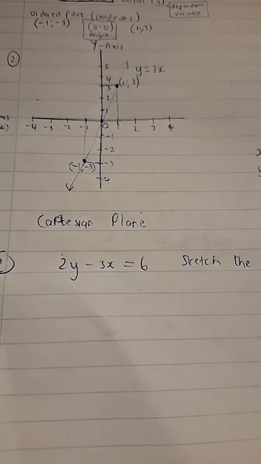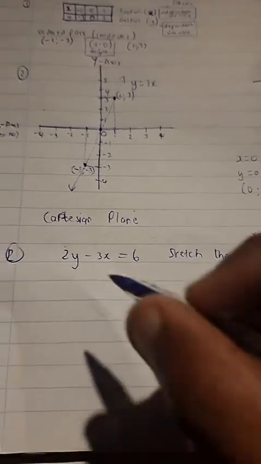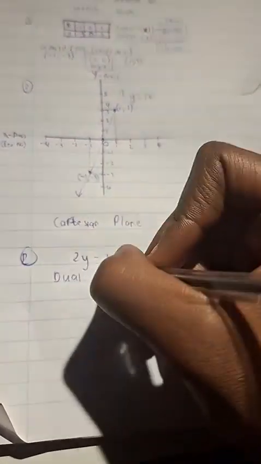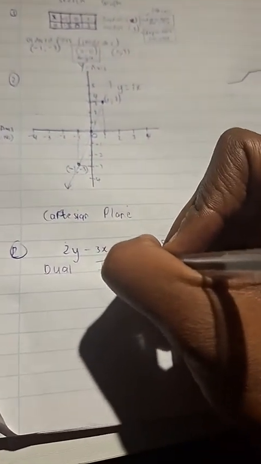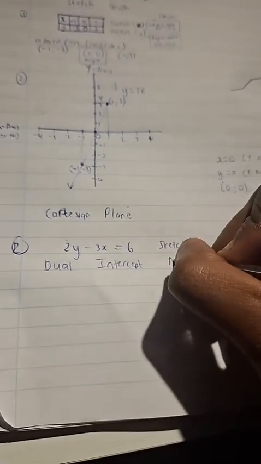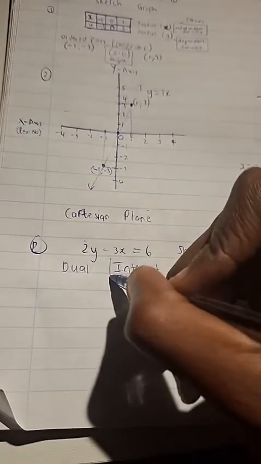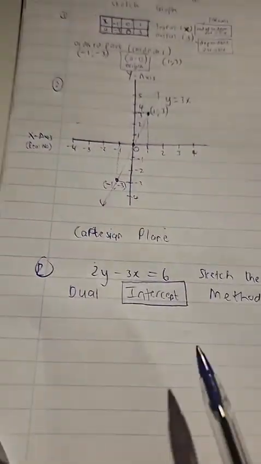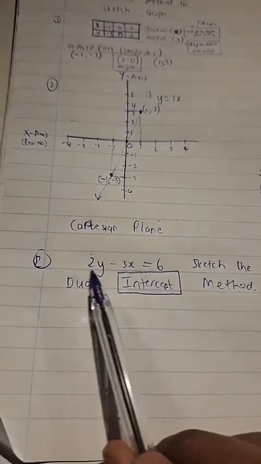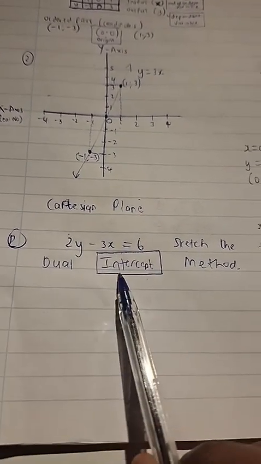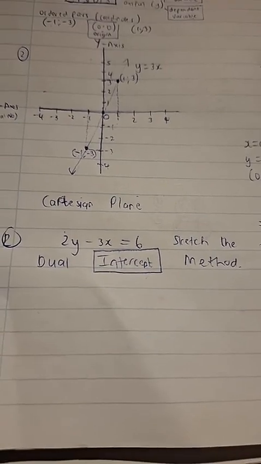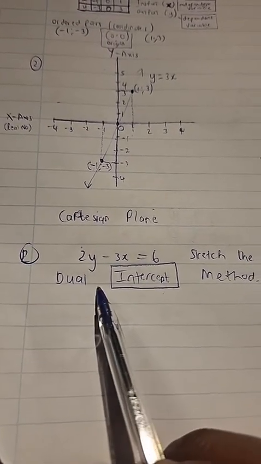Here, there is one method that we need to be introduced to, which I want to speak about, which we call the dual intercept method. What do we call it? The dual intercept method. The word dual has to do with two.